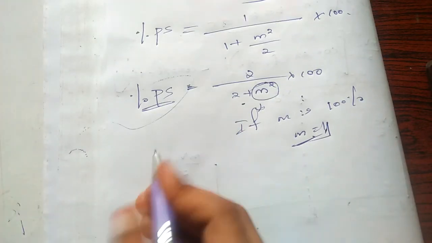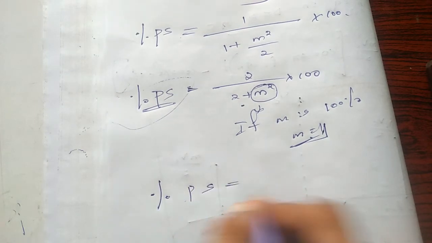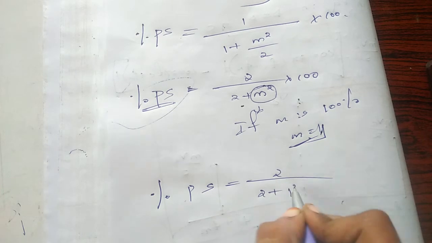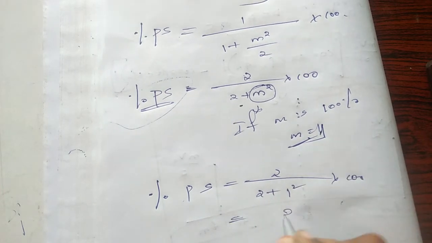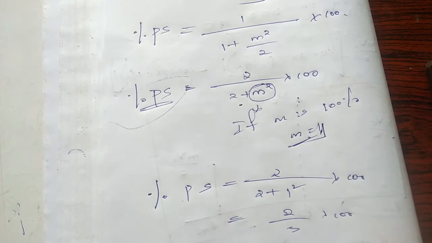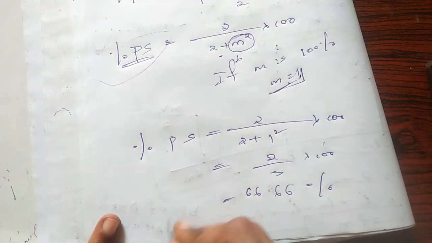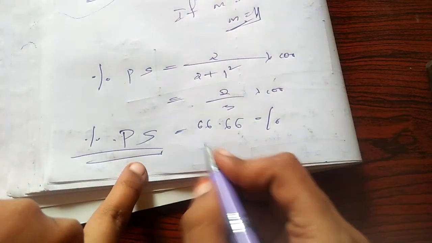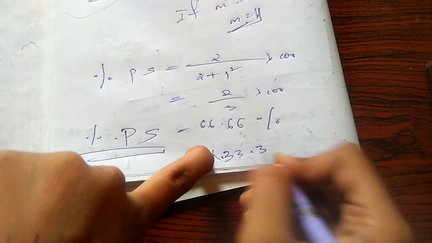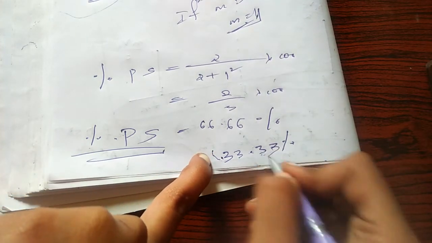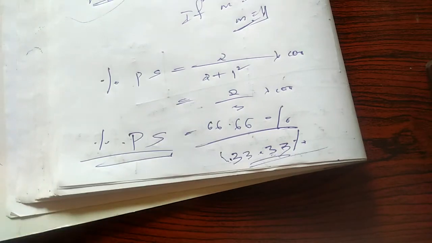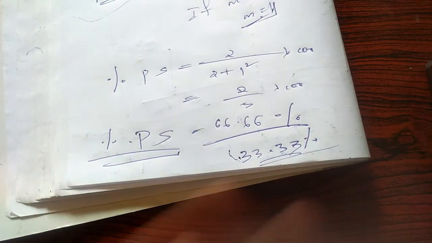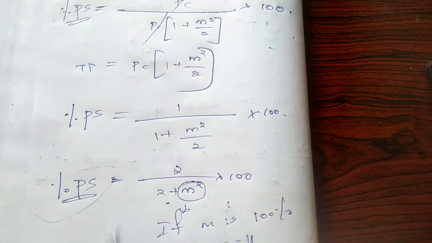It is 2 by (2 + 1²) into 100, which is 2 by 3 into 100, equal to 66.66% of power saved. But in AM it is only 33.33%, while in DSBSC it is 66.66%. See, nearly half of the power is saved, right? So this DSBSC is simplified.